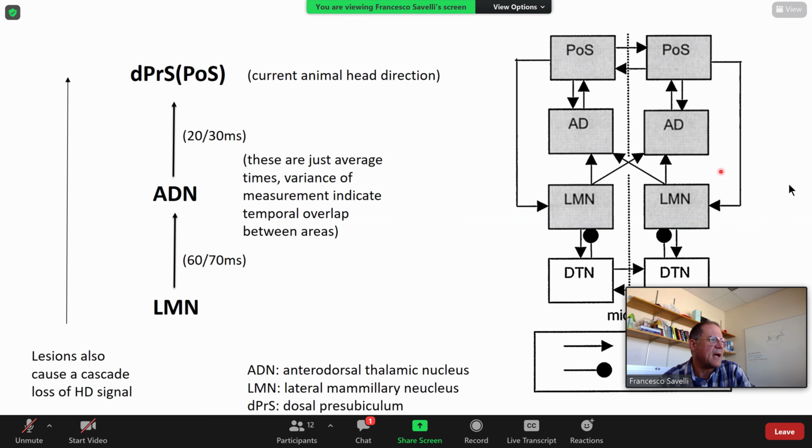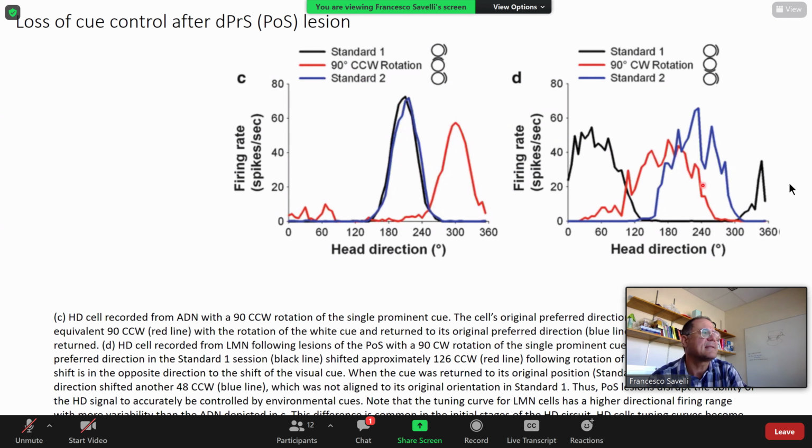So you'll see here that there are still curves that are tuned to angles. They're not as clean and nice as the one in the previous plot, but they're still kind of bell-shaped tuning. So this is still a head direction cell, but you see it's all over the place.